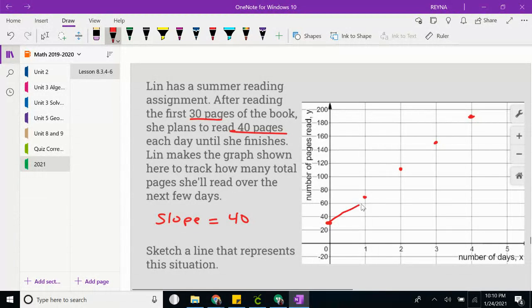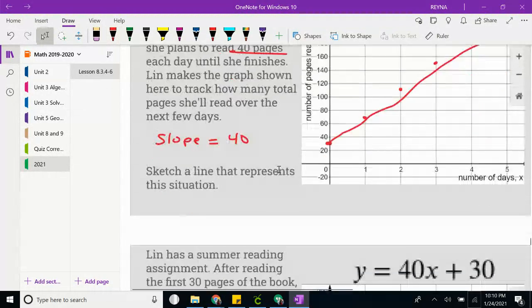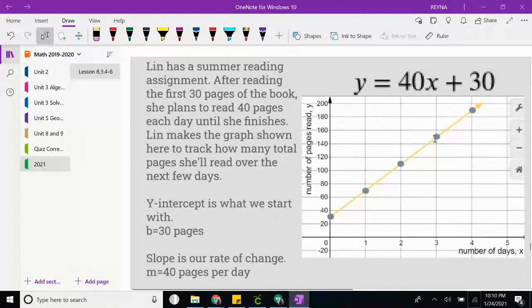So we draw this line. Pretend that's a straight line. That shows her pages that she read each day. If we wanted to write this as an equation, it would look like this, where 30 is how many pages she started out with, and 40 is how many pages she read each day after that.